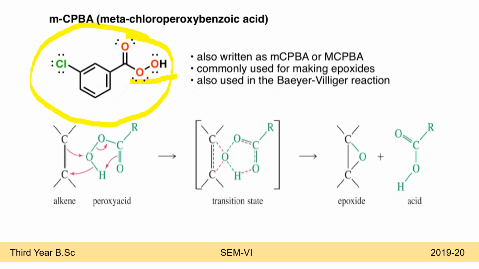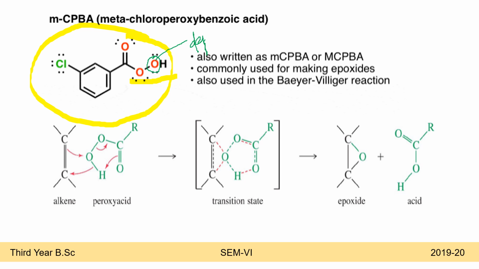So how that epoxidation takes place is explained in a single step reaction. Generally, when we look at the mechanism in case of mCPBA, this oxygen which is highlighted in green is an electron deficient oxygen. Due to this deficiency it is easily attacked by the alkene molecule. This carbon-carbon multiple bond will easily attack here.